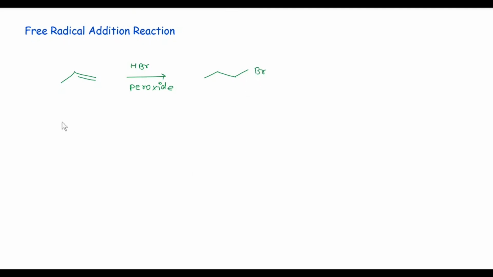If the same alkene is treated with HBr in absence of peroxide, we get this alkyl halide as a product.